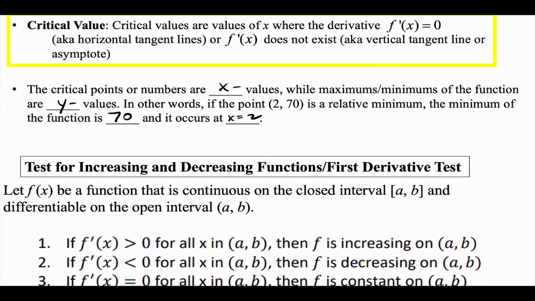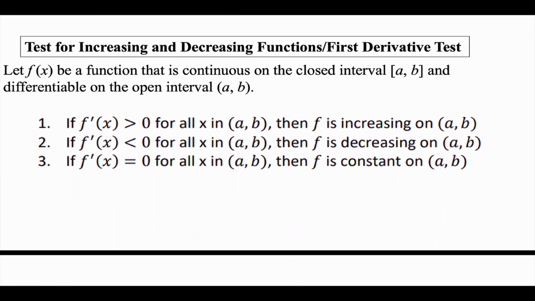All right. So that leads us to, how do we do this? Well, it's called the first derivative test because we're going to use the first derivative. What does the first derivative test tell us? It tells us where a function is increasing and where it is decreasing.